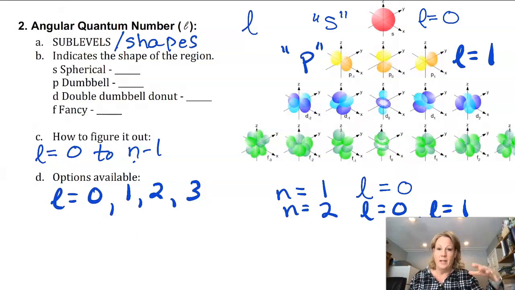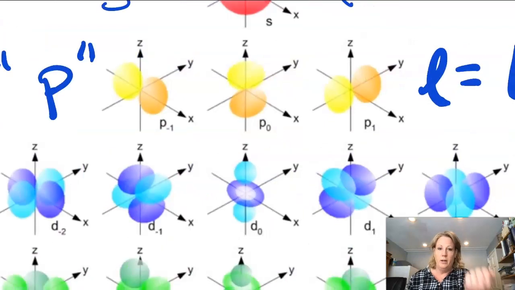So in the second energy level, there is a 2s, a sphere that's a little bit bigger than the 1s sphere, so further from the nucleus. And then you also have a set of 2p sublevels. The p's are what I have in yellow. They're kind of like dumbbells, and they can go on the x, y, or z axis.